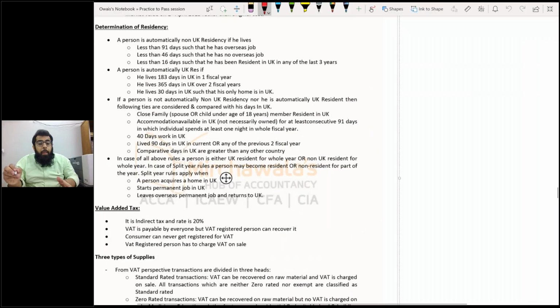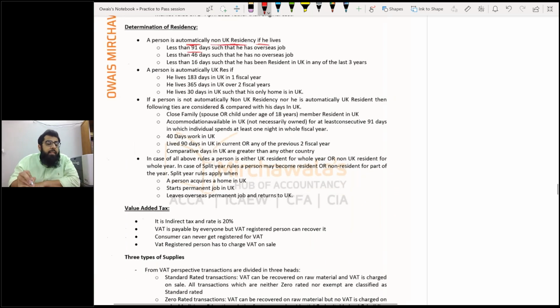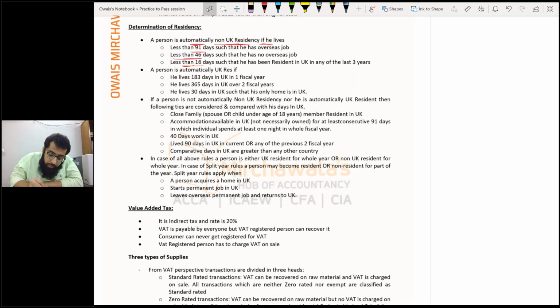A person is automatically non-UK resident if he lives less than 91, less than 46, and less than 16. Now, he is not automatically non-UK resident because he lived for 115 days. A person is automatically UK resident if he lives for 183, 365, or 30.